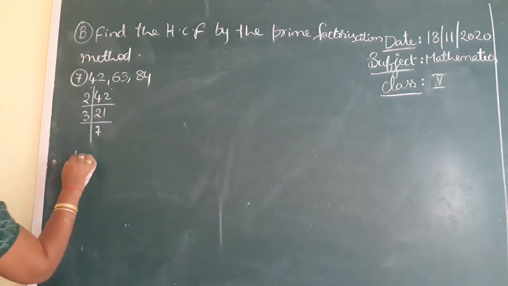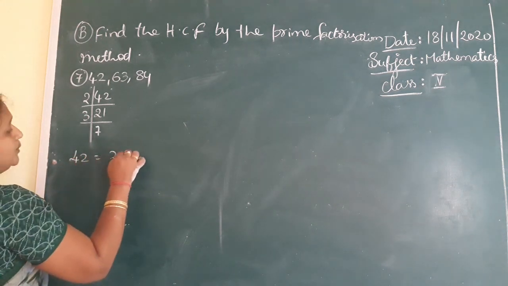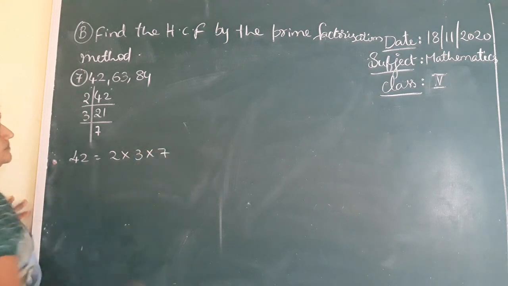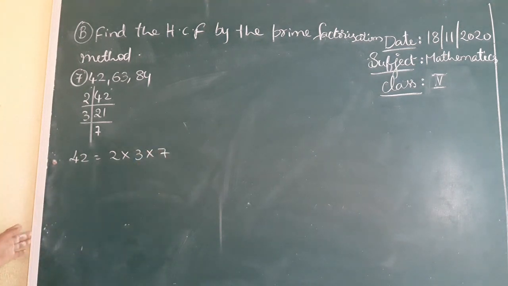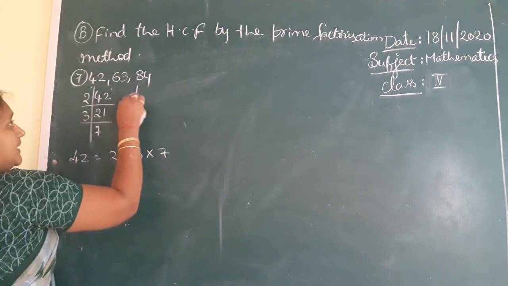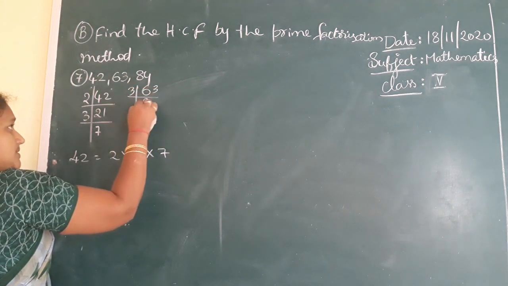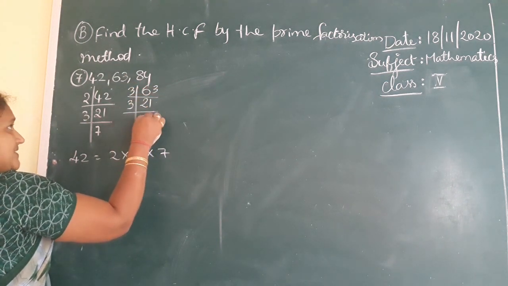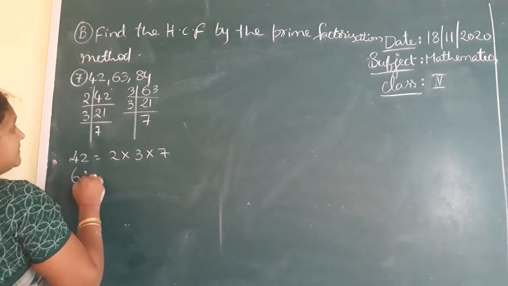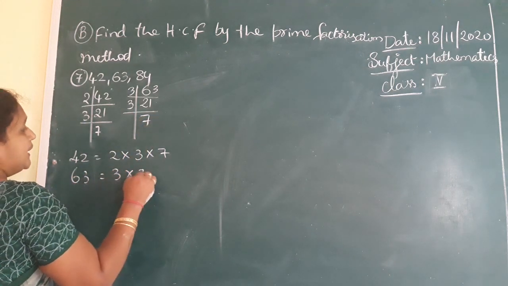So 42 can be written as 2 into 3 into 7. Okay, next 63. How will you write the factors of 63? See, 3 3s are 9, 3 1s, again 3 7s. 63 can be written as 3 into 3 into 7.